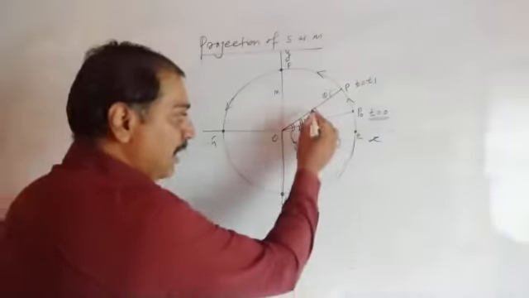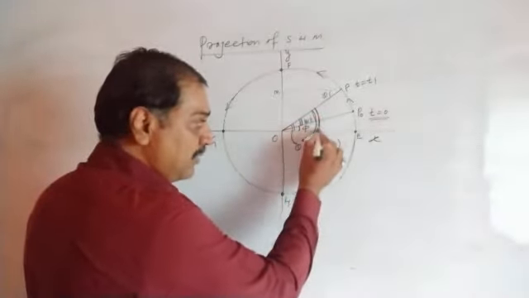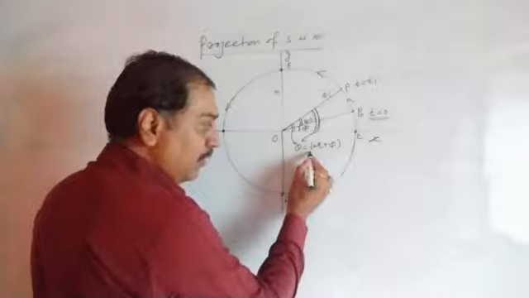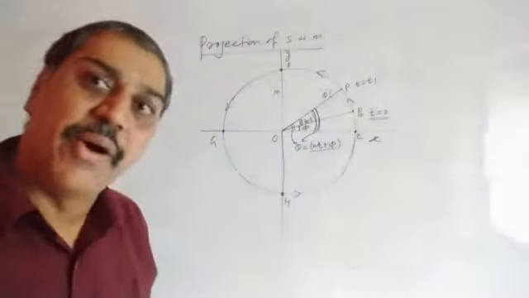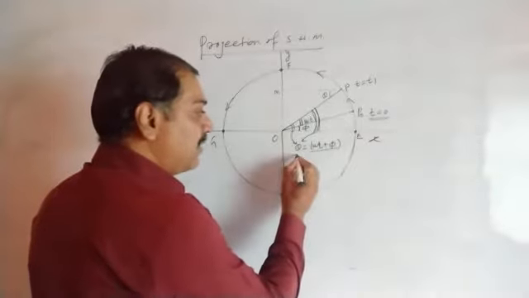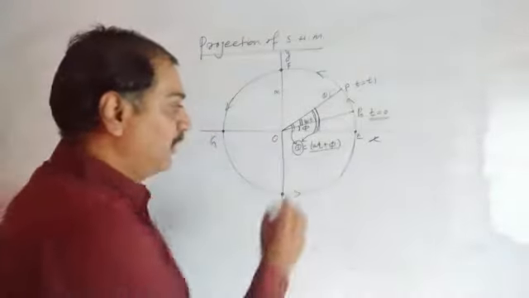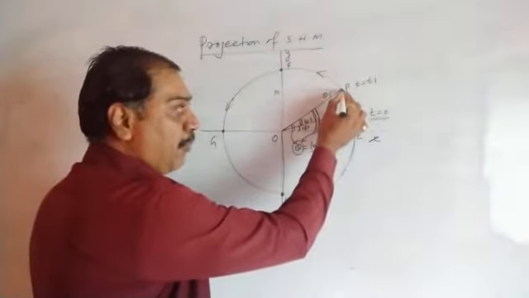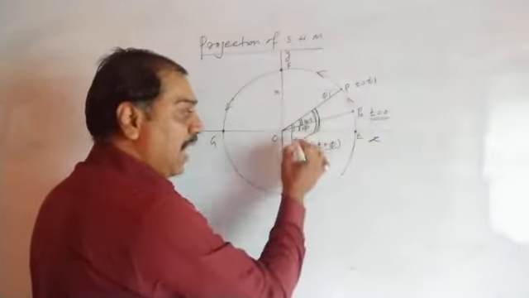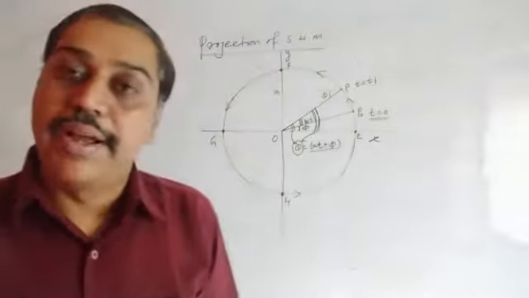What is the total angle then from the x-axis? Phi plus omega t, or omega t plus phi, and that is, suppose, equal to theta. So the angle of the position of the particle at point P with respect to the x-axis is theta equal to omega t plus phi.